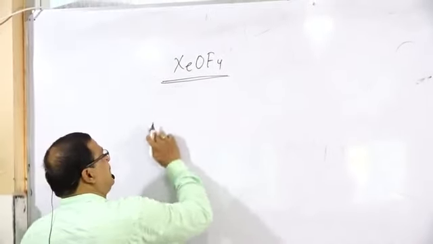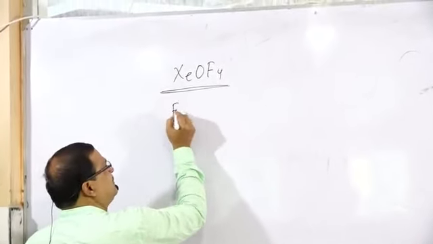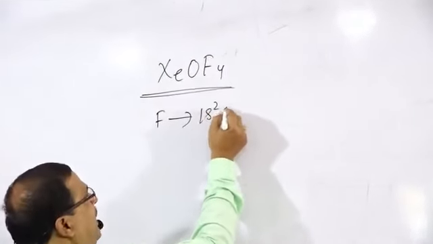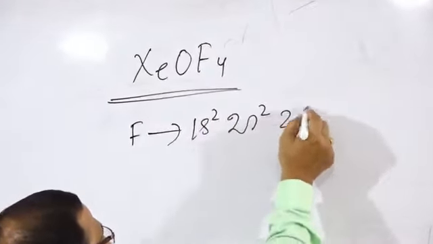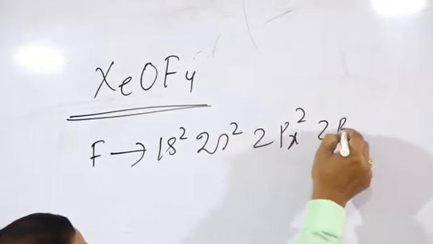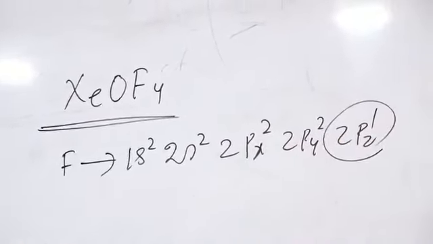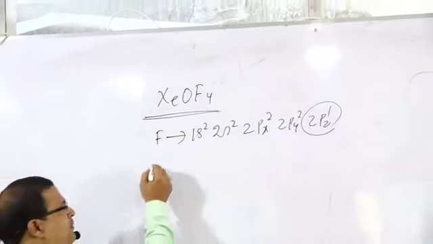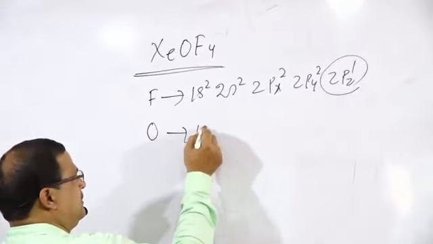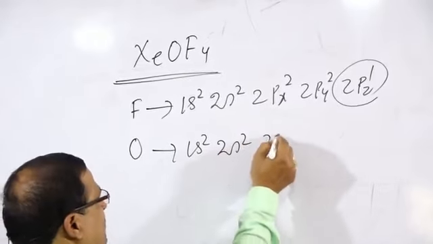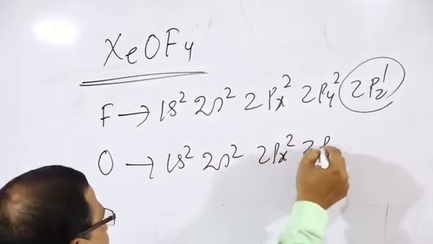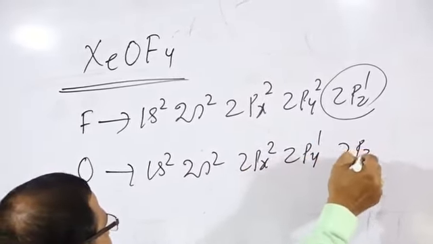This can be explained on the basis of the atomic configuration: fluorine is 1s2, 2s2, 2px2, 2py2, 2pz1, and it will form the bond. But in the case of oxygen, it is 1s2, 2s2, 2px2, 2py1, 2pz1.